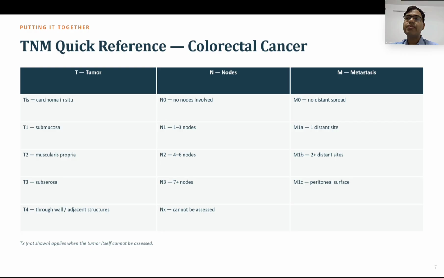We don't talk about T1, T2, T3, T4. We talk about the grade of the tumor, the size of the tumor, because in a patient having a brain tumor, usually the disease does not spread outside the skull.